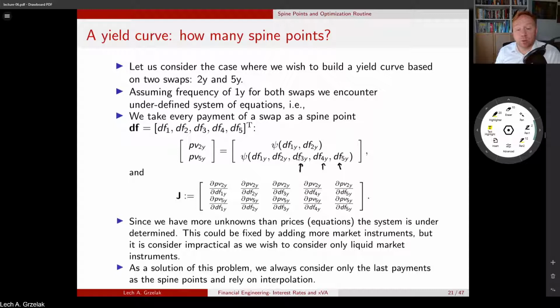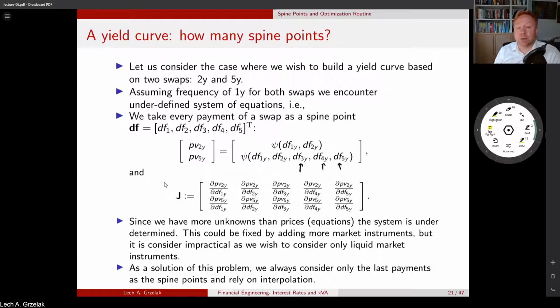However, who knows whether those instruments, let's say 3-year, 4-year, and 5-year, are actually available in the market and liquid? That's very unclear. So this is not the way to do it. This clearly states that this is a problem for building a yield curve.